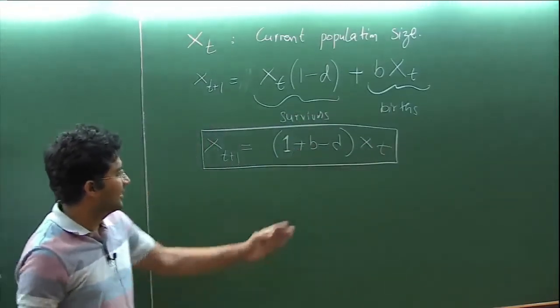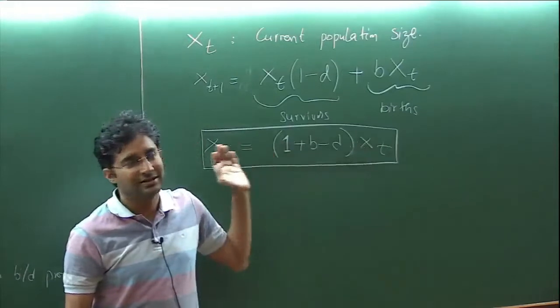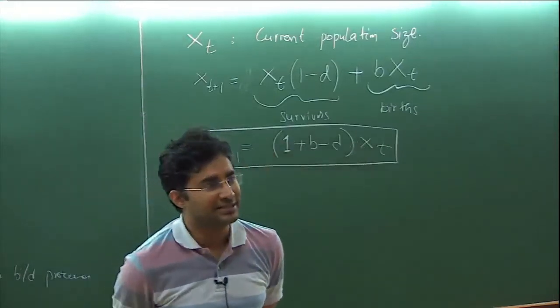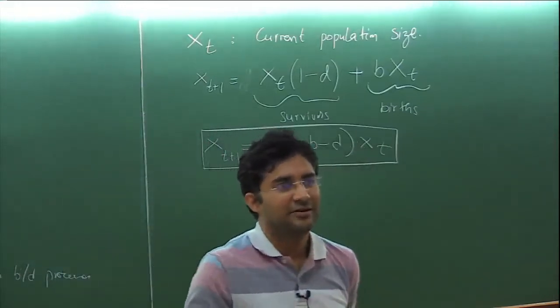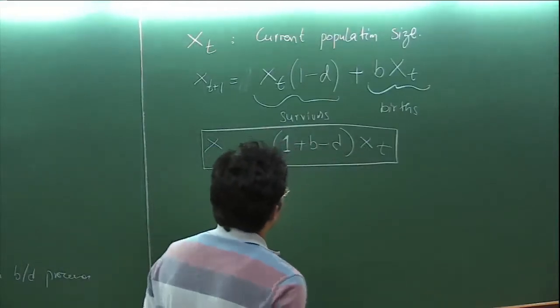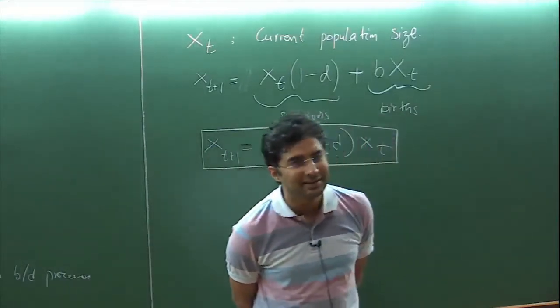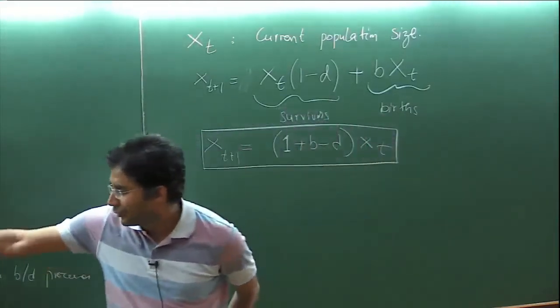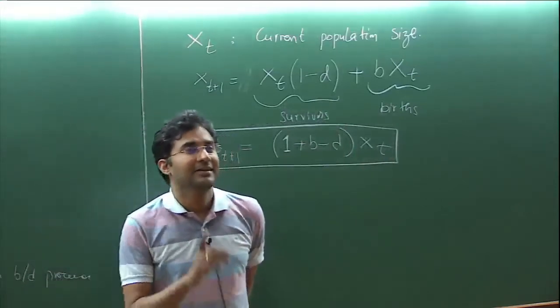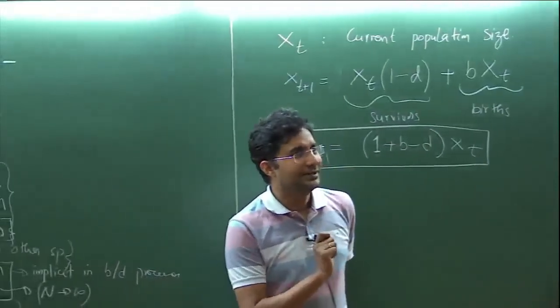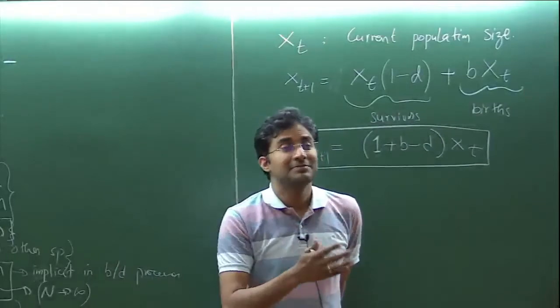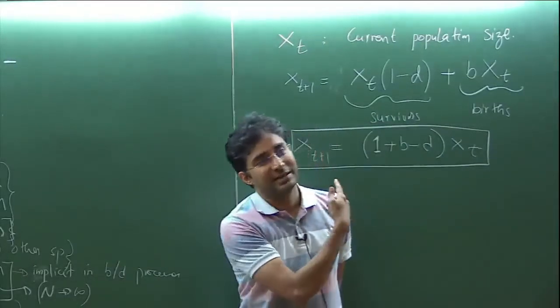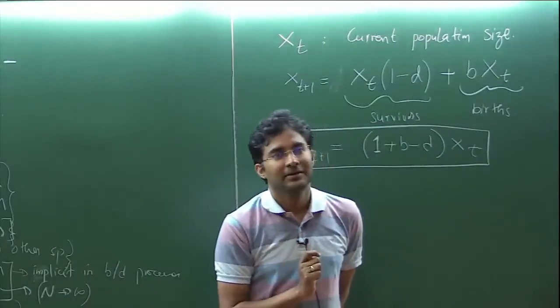So this will link the current population size to the next generation population size. Any questions on this? Fairly okay. So B is the number of offspring. Technically, if you follow the thread of arguments very carefully, B should not be any births. It must be only female births, because I'm only counting females.